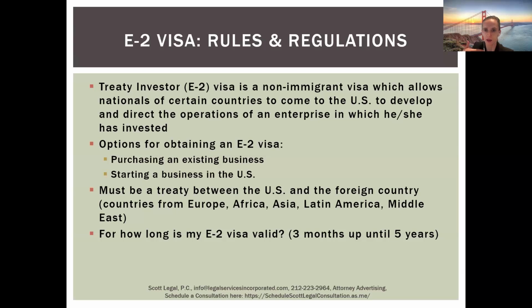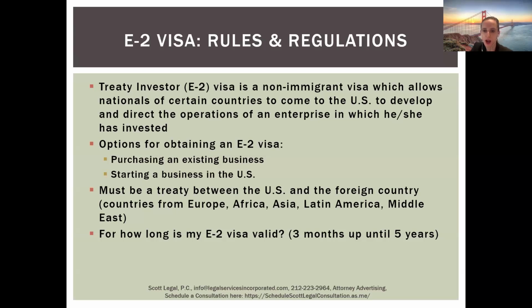For example, you became a citizen of Spain or UK, you could apply for an E-2 visa under that passport. So what really matters is whether you have a passport of an E-2 visa treaty country, and the country of birth doesn't really play a role in the E-2 visa nationality analysis.